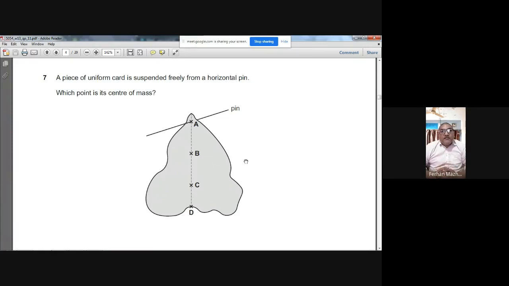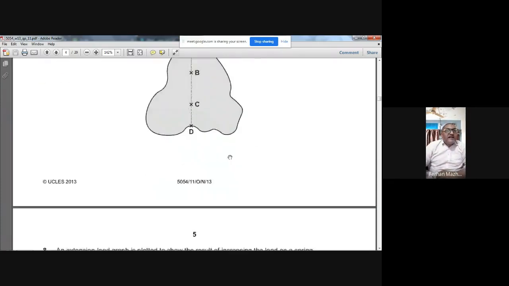If you see, the best option will be C. You might confuse it with B also because that looks like the center of the body, but in the lower portion of the body, you see, the mass is larger. So the center of mass has to be moved a little downward. So C is the best option for question number 7.